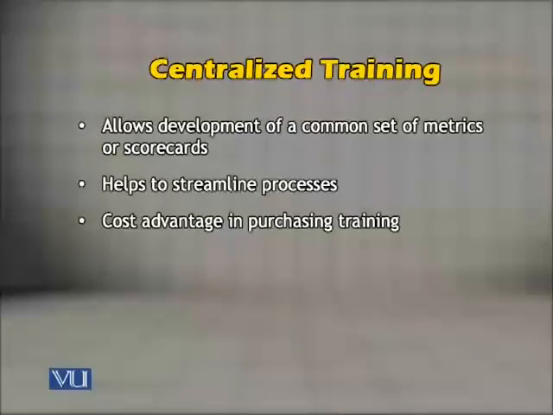Then another advantage of having a centralized training model is that you can reduce the costs of purchasing the training. If you have to outsource, if you have to purchase the training from vendors, if you have to invite training consultants, if you will be doing it at 3 or 4 different places, the cost of organizing that training for 4 different places would definitely be higher than if you organize the same training at one place.